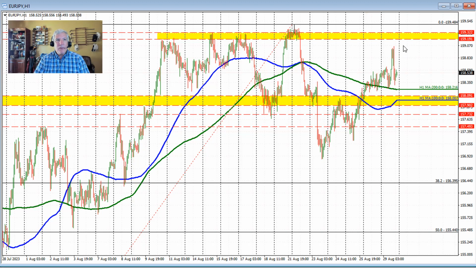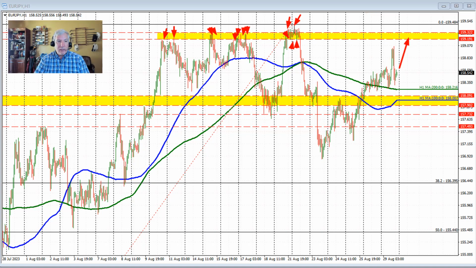On the top side, if we were to go higher, this swing area up here between 159.19 and 159.32 would be the next key target area that comes ahead of the extremes that we saw in last week's trading up near the 159.48 level. So these highs right here, this swing area right through here, is going to be a key area on any sort of move further to the upside in the euro versus yen.